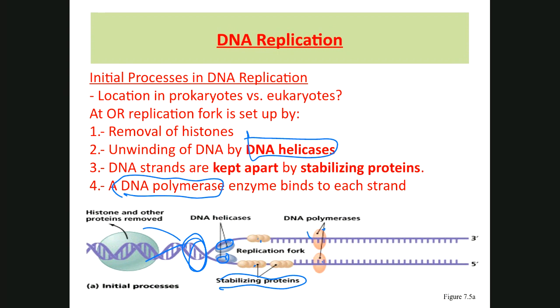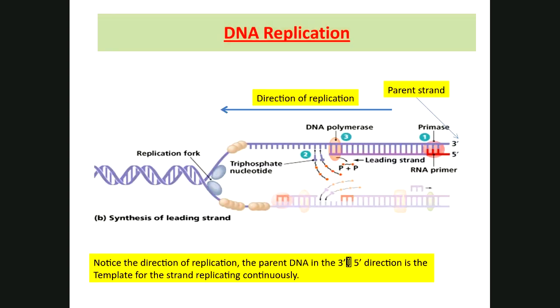However, we also need a primase. So we need helicases, we need stabilizing proteins, we need a primase to make the primer, right here, the primer. There you go, the primer made by the primase.